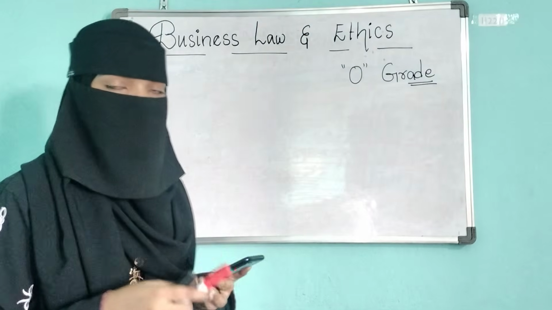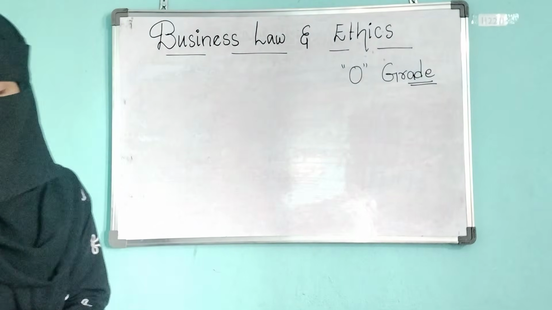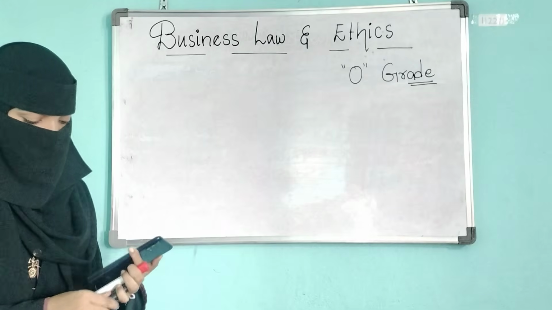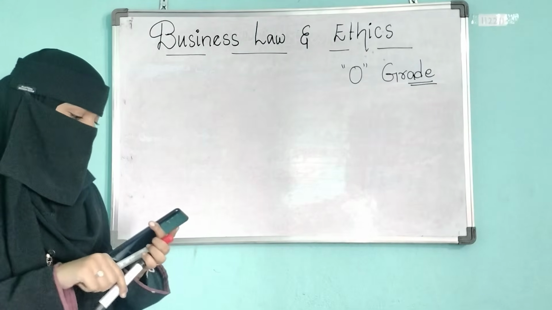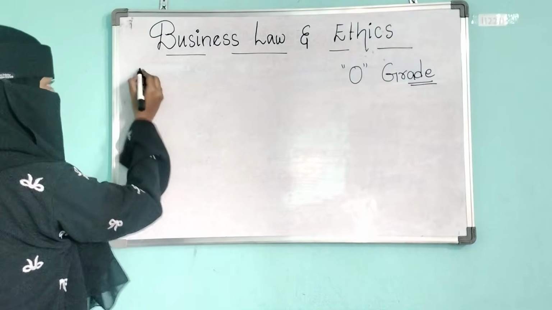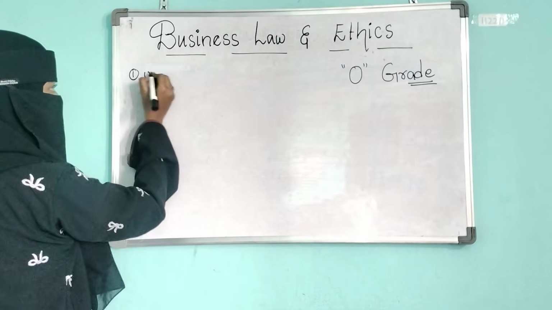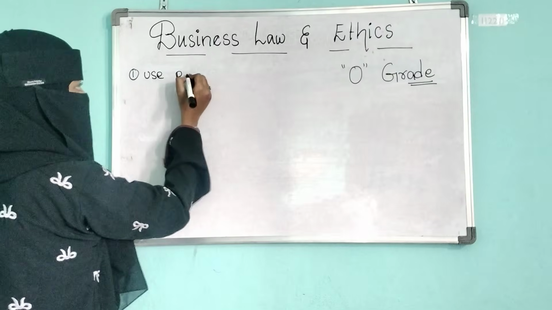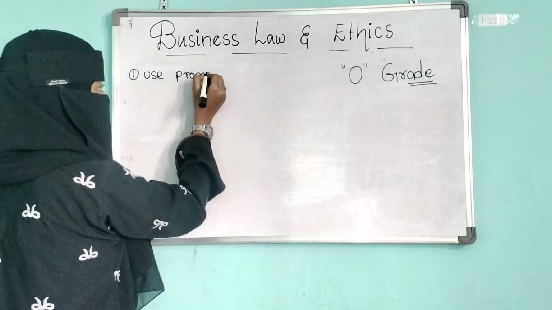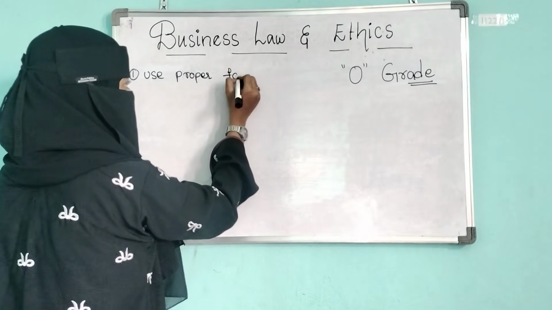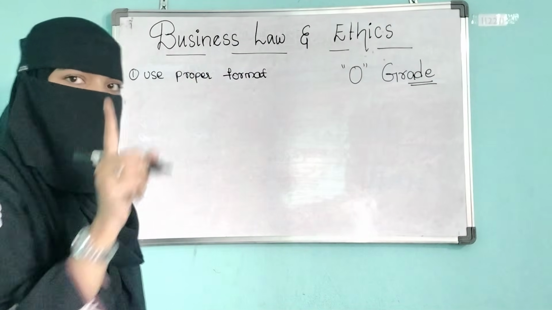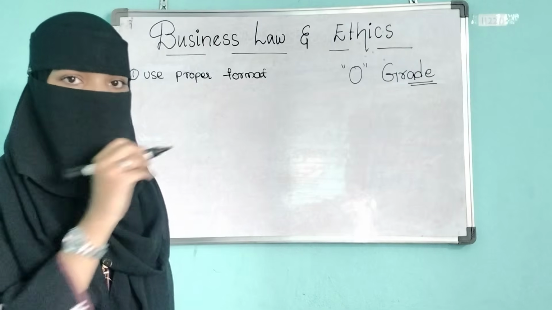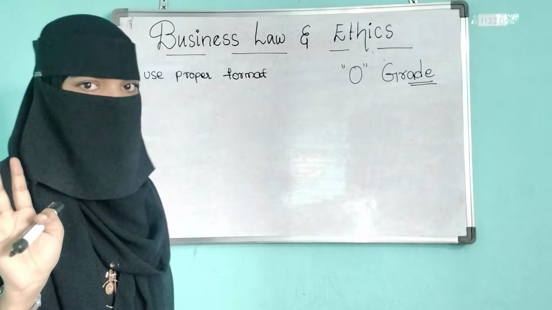So guys, first important thing is that you need to use proper format. There is a format to write Business Law and Ethics examination answers in part B of your question paper.